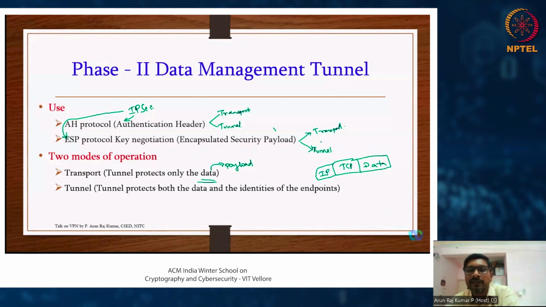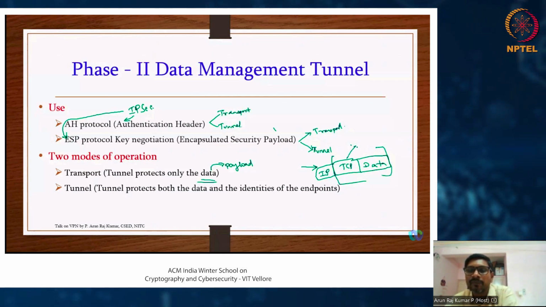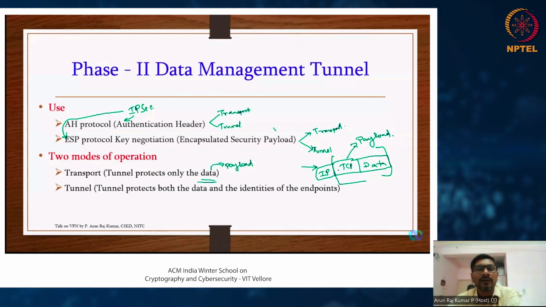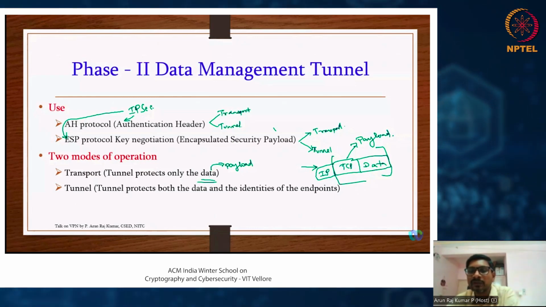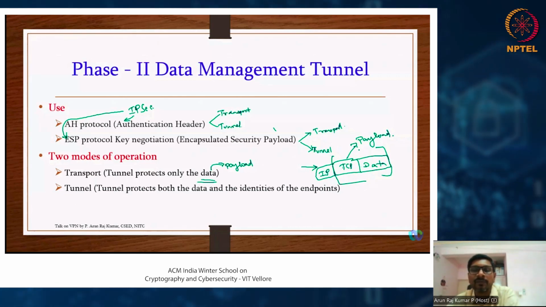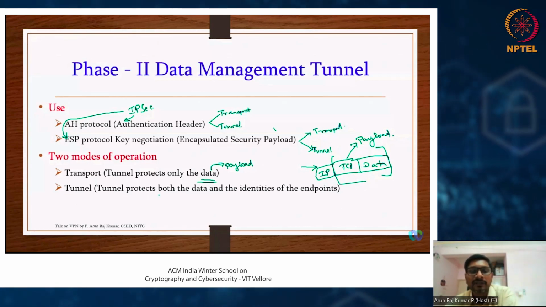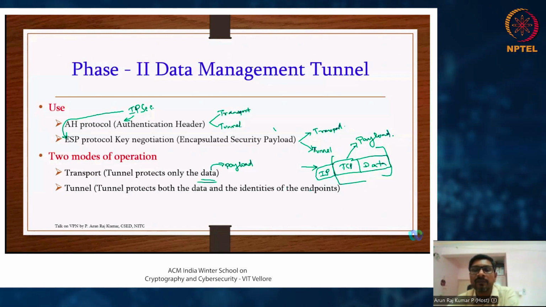Because we are protecting security at the network layer, for us this is seen as payload. So transport mode protects only the data, meaning not only the data but both TCP and data. Tunnel mode protects both the data and the identities of the endpoints. In transport mode, they protect this TCP and data.